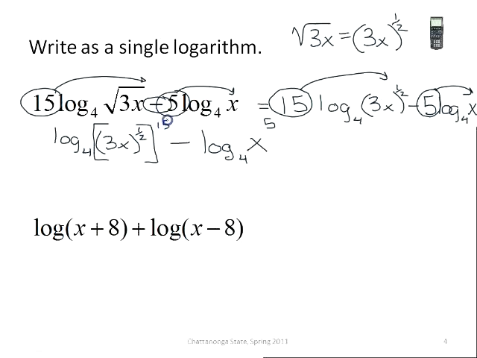Now, I know with exponents, I can multiply these exponents together. So let me go ahead and do that so that I can write that as the log base 4 of 3x to the 15/2 power minus the log base 4 of x to the 5th power.